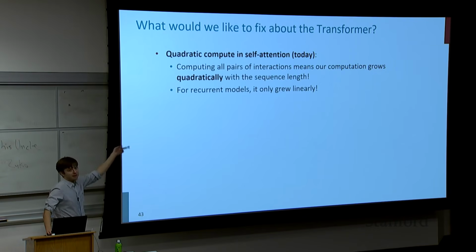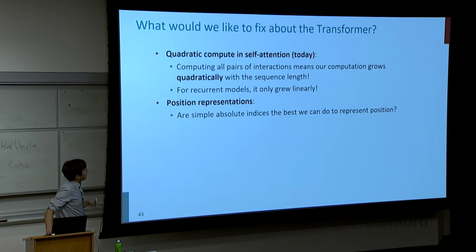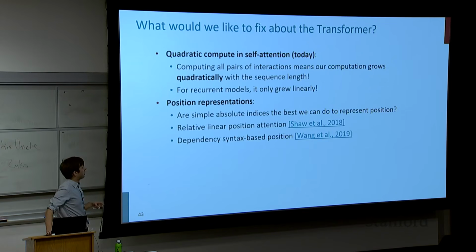And actually, that's a step backwards in some sense, because for recurrent neural networks, it only grew linearly with the sequence length. Other things people have tried to work on are better position representations, because the absolute index of a word is maybe not the best way to represent its position in a sequence.